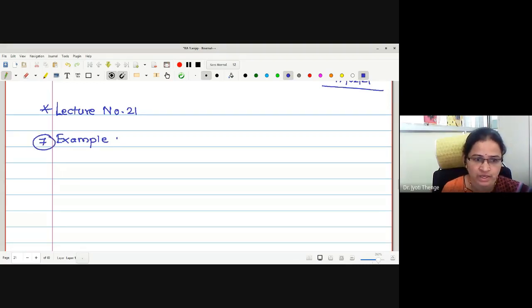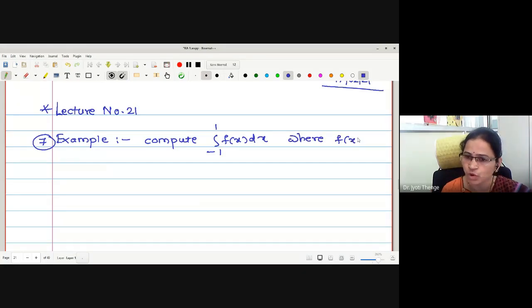Example: compute the integration from minus 1 to 1 of f of x dx, where f of x is equal to mod of x. Means we want to find out the integration value of mod of x on the interval minus 1 to 1.